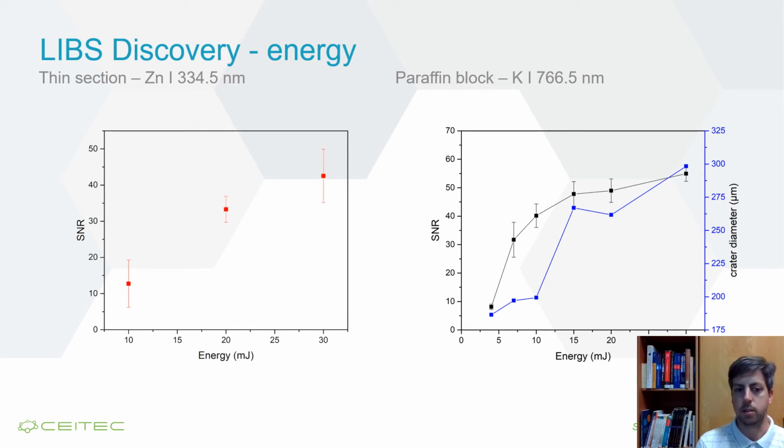So the optimal energy that we found is around 15 to 20 millijoule. For the case of the paraffin block, we also estimated the crater depth, which doesn't have such a nice trend, and further investigation is needed.